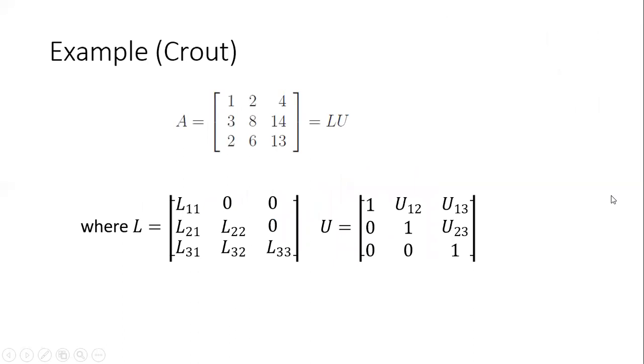For example, using the Kraut method, given this coefficient matrix A, we need to find the equivalent decomposition of this coefficient matrix A as LU. L here is equivalent to the following entries, and similarly for U, we have these entries.